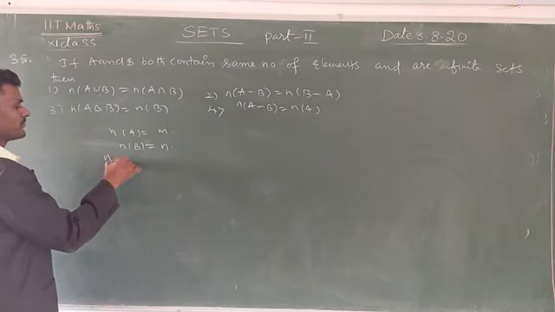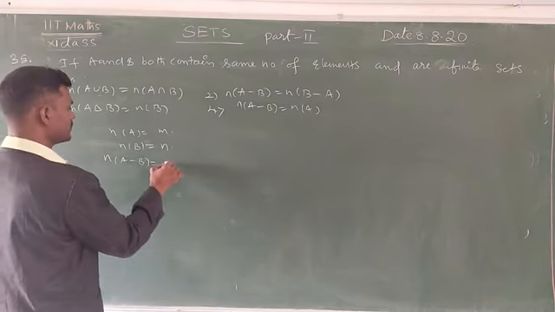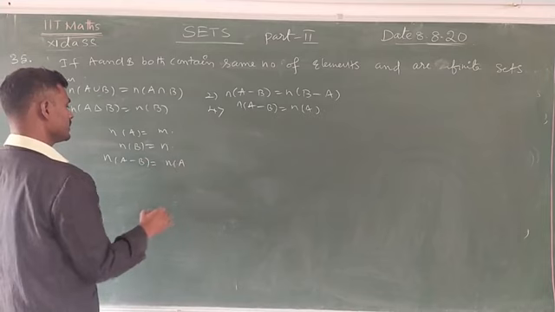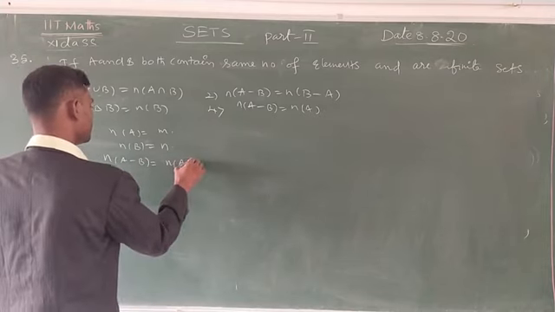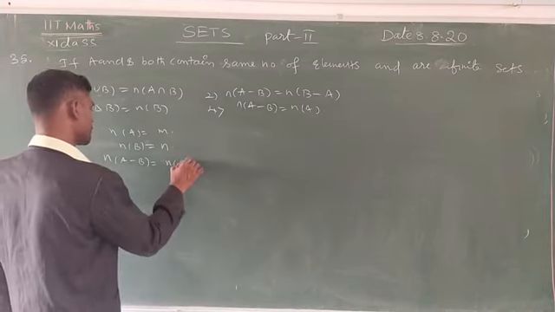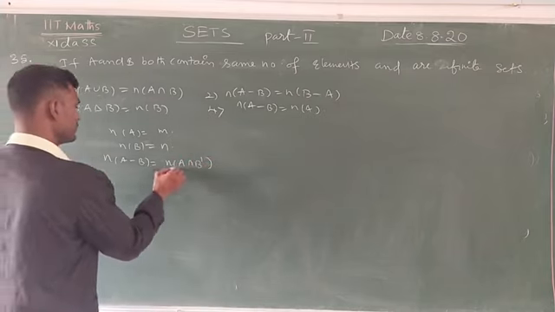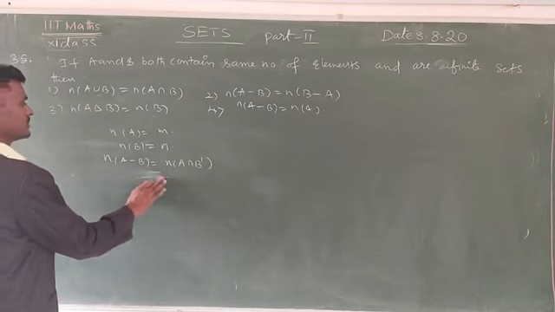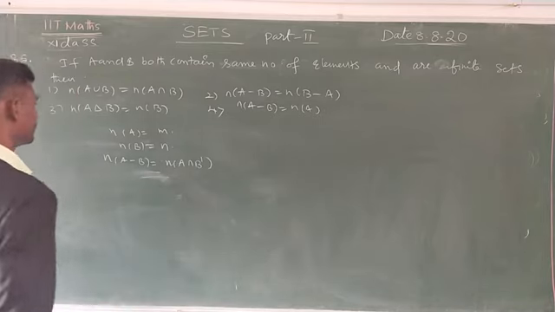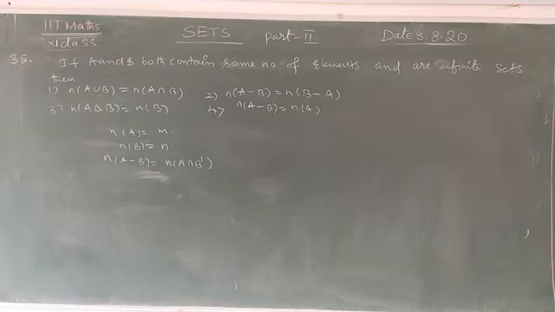Now n of A minus B is equal to n of A intersection B dash. Here n of A minus B is correct. How to write n of A minus B?